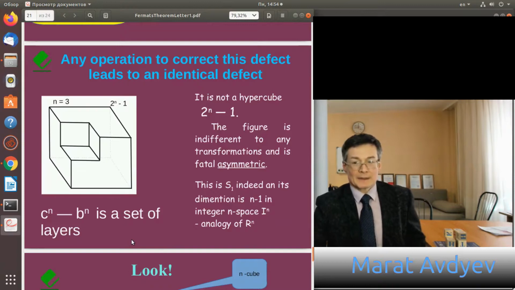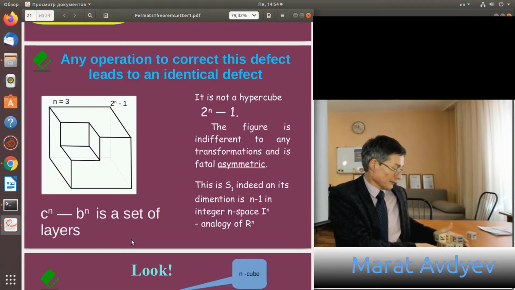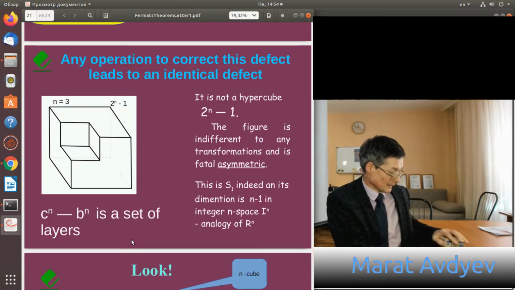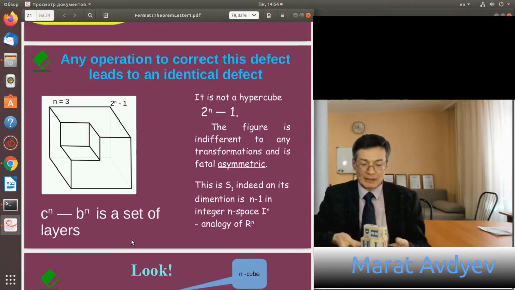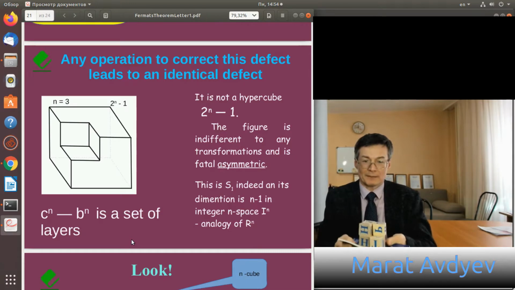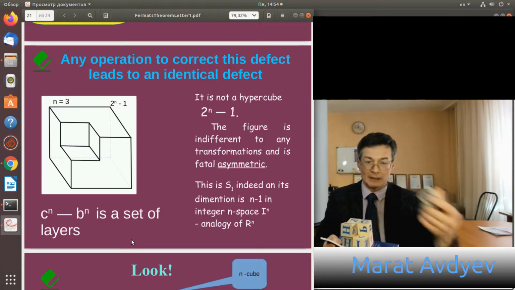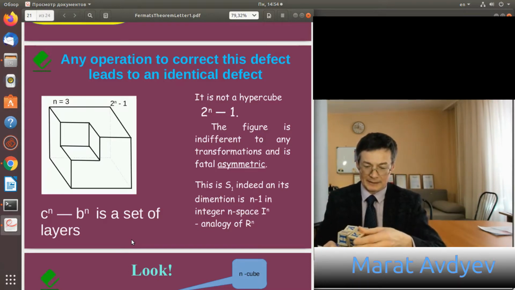we deal with figures that have a broken, irretrievable defect of symmetry. For instance, any operation on this figure does not restore the cube, only absence of a vertex.